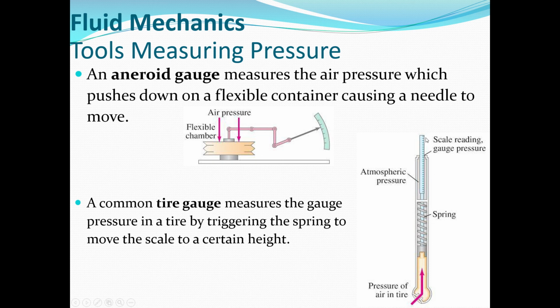This scale reading would give us the amount of pressure in that tire. This is why we call that gauge pressure, because when we use these materials, it's called a gauge. So there you go.